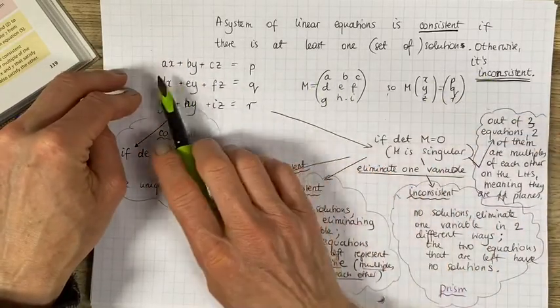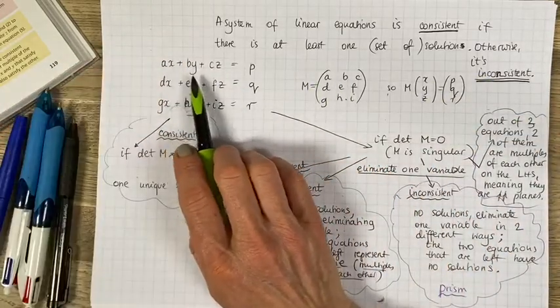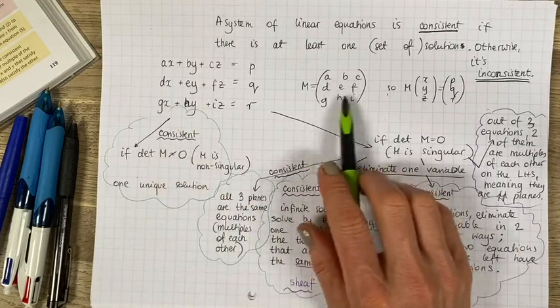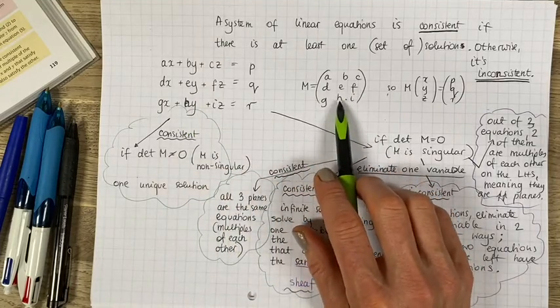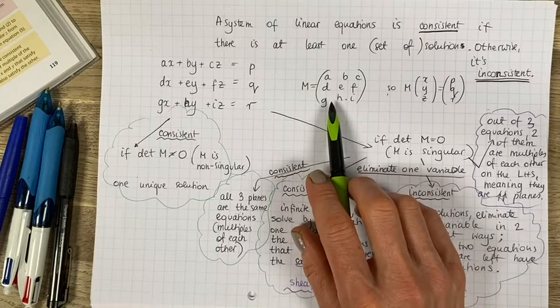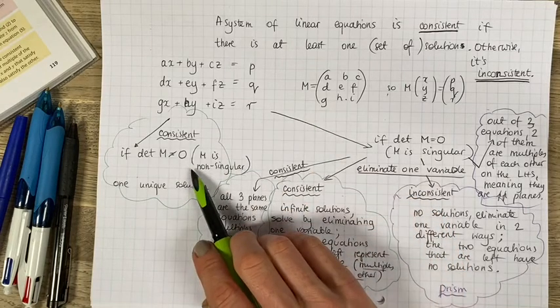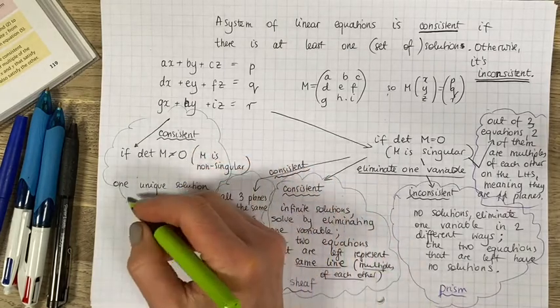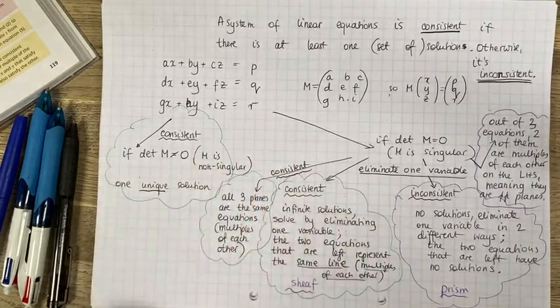Look at the coefficients of x, y, z in each equation, written here as entries of the matrix. If you can find the inverse of that matrix, it's going to be consistent, and then there is one unique solution.